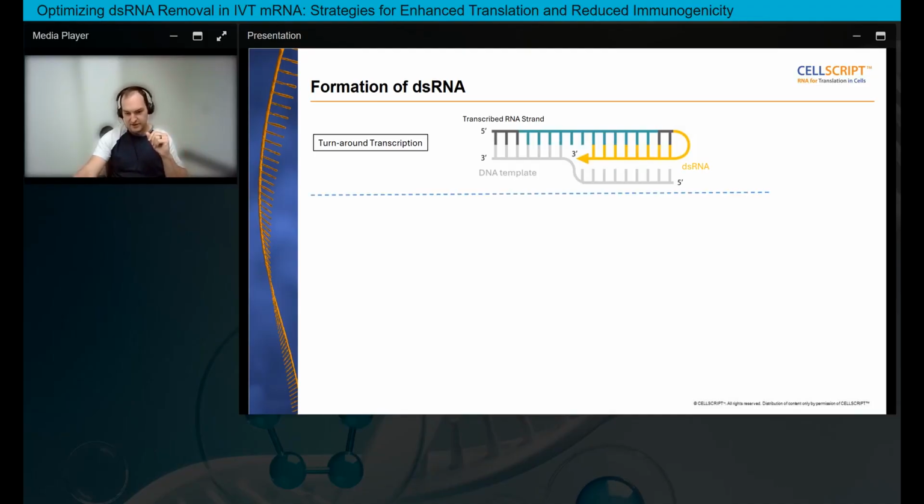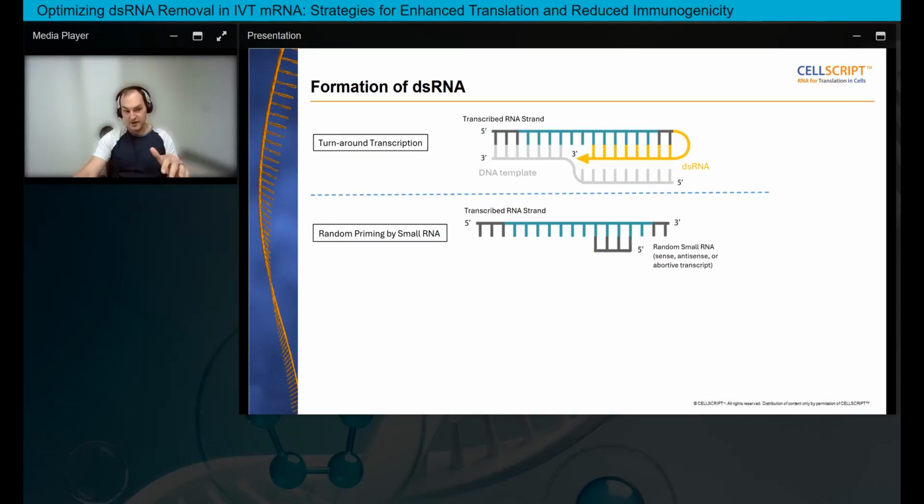This one is pretty common, but we also have other ones that have completely different mechanisms of double-stranded RNA production. Random priming by small RNA is a big one. Because there's so much of those byproducts being formed, this one is especially devious. You'll have your normal RNA strand that you like, but then you'll have all that small stuff that, if it's so small, it might be complementary to something.